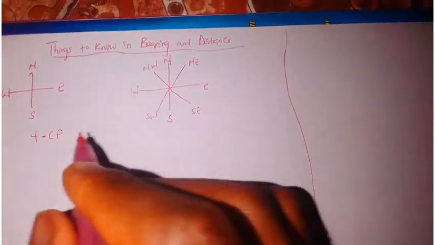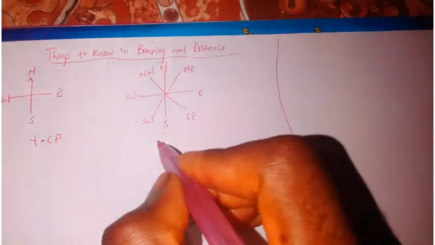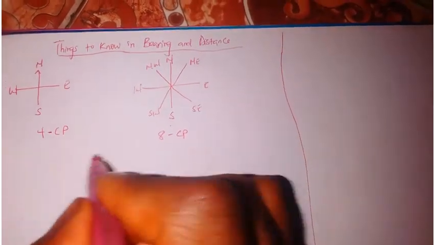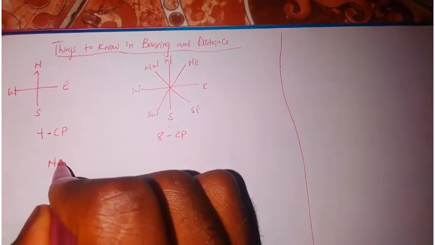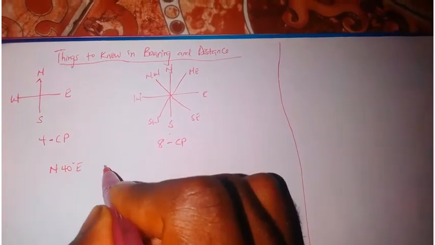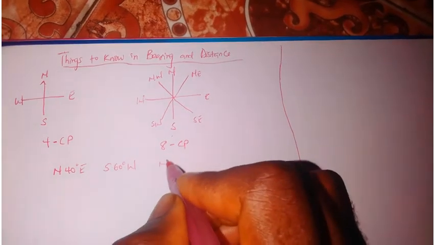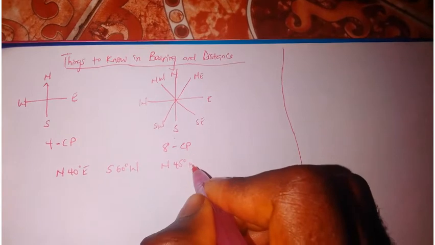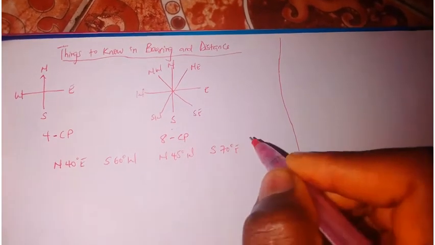Now, compass bearing is talking about our 8 cardinal points most especially. That is, in compass bearing we'll be given things like north 40 degrees east, south 60 degrees west, north 45 degrees west, and south 70 degrees east.